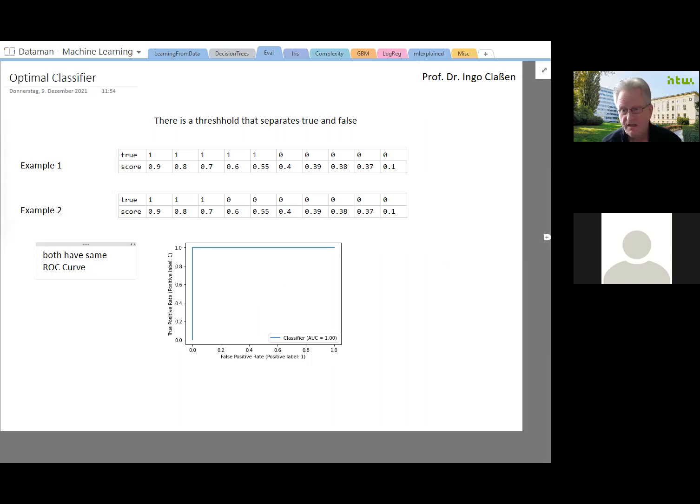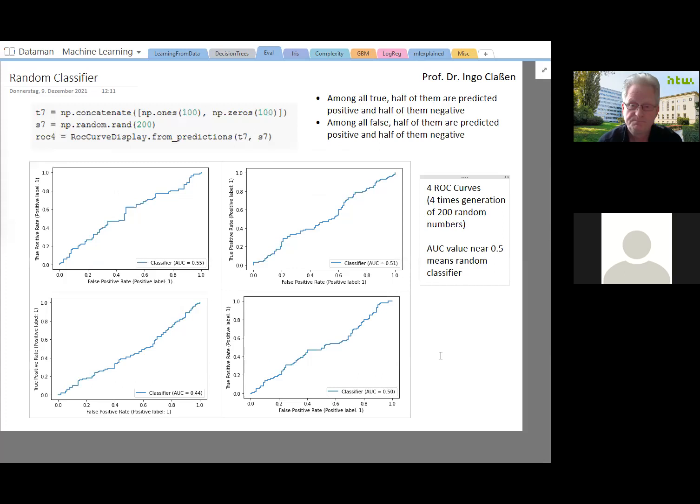If we take a random classifier, where we just flip a coin and guess if it is true or false, then we get a ROC curve that looks like those ones here, and you see the AUC value would be roughly about 0.5.